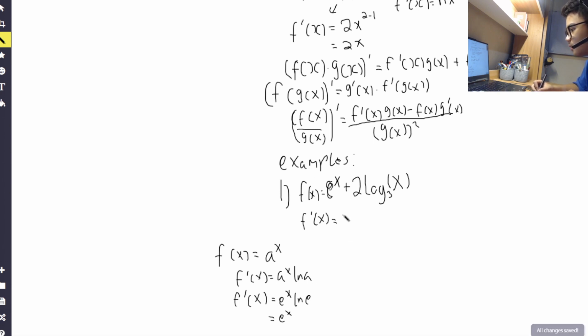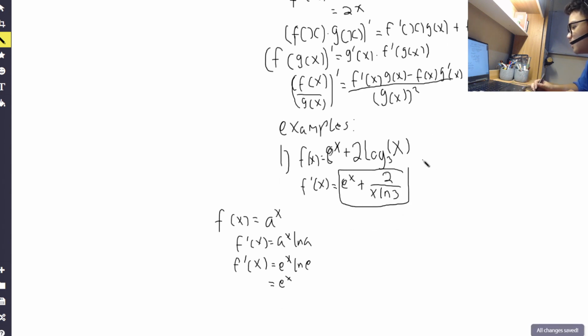So it's e to the x plus 2 log base 3 of x. 2 is a constant, so we can take it out and just find the derivative of log base 3 of x. It's going to be 1 over x ln 3, so the answer is e to the x plus 2 over x ln 3.